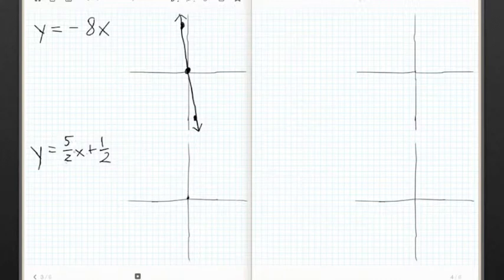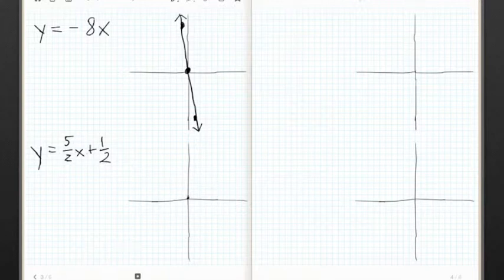Let's look at this slope in a different way. Instead of saying up 5 over 2, the slope also just means how much y changes every time x changes by 1, because it's just a ratio of y to x. That's another definition for slope. So what this is saying is every time x changes by 1, y changes by 5 over 2.